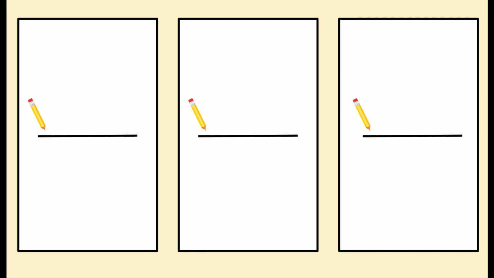Now let's practice spelling three of these words. The first word that we're going to spell is the word the. On your paper, write the word the. The second word that we're going to write is the word to.